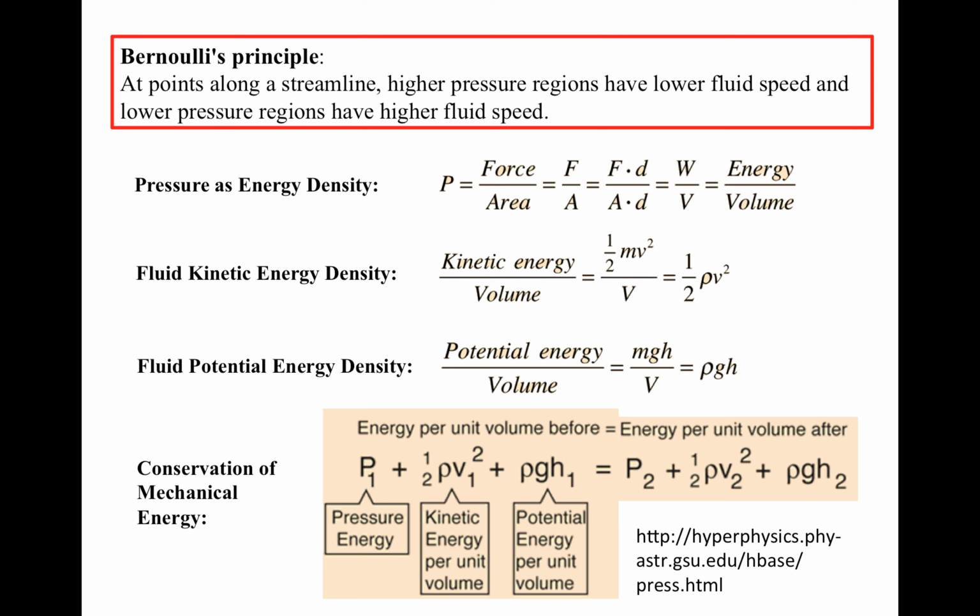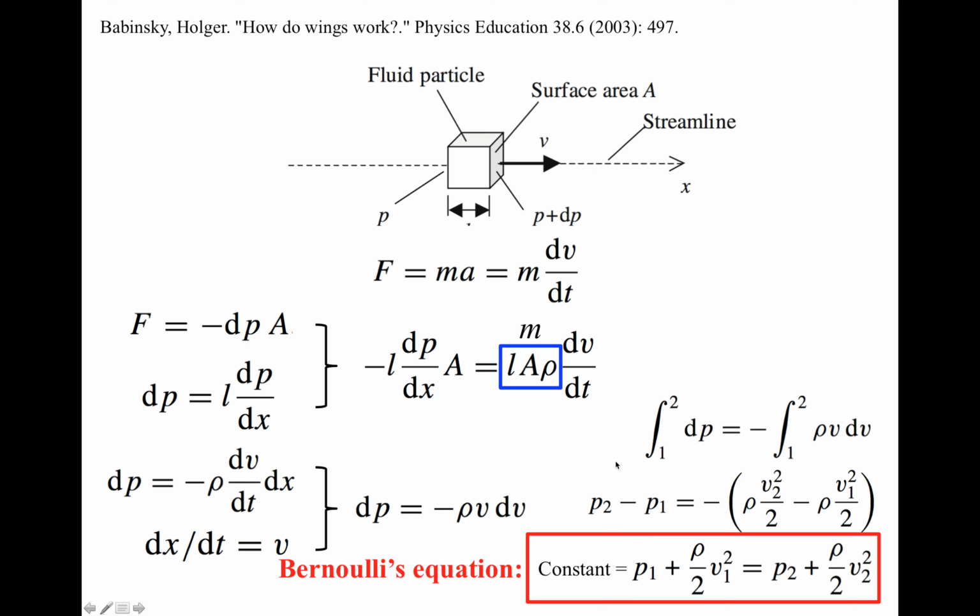If we translate Bernoulli's equation into plain English, we obtain Bernoulli's principle, which states that along the same streamline, higher pressure regions have lower fluid speed, and lower pressure regions have higher fluid speed. The reason is that pressure plus rho divided by 2 times speed squared is a constant.